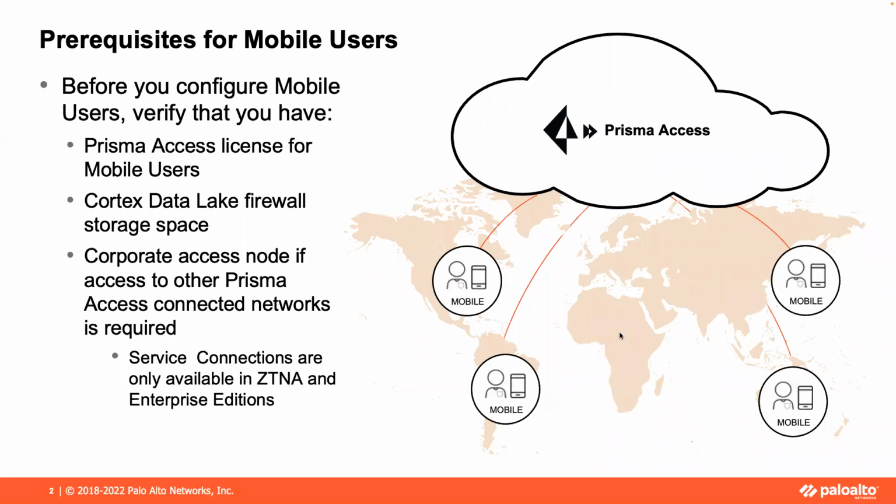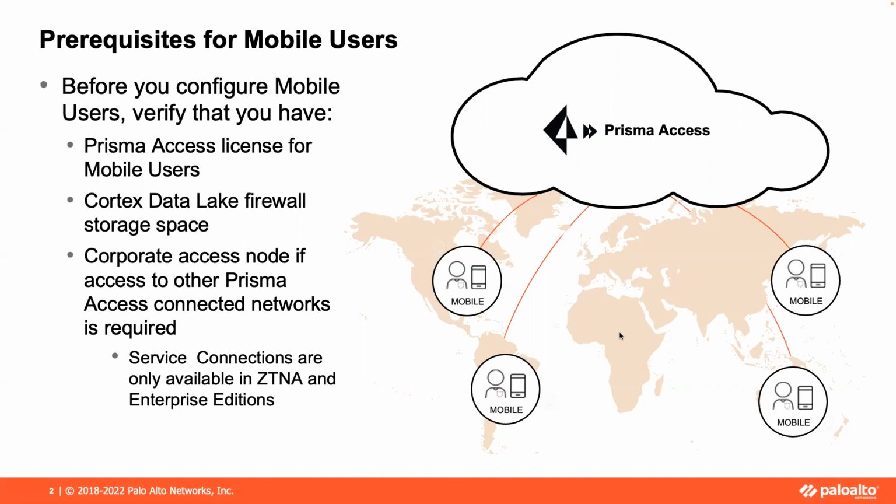We have some licensing models that include mobile users in multiple regions, or you can kind of think of a region as roughly a continent. And we have some that are localized to one region, like North America or Europe or Asia, that sort of thing. You also need Cortex Data Lake.